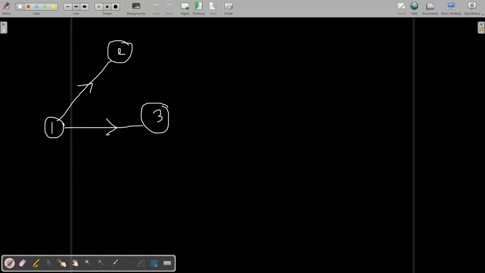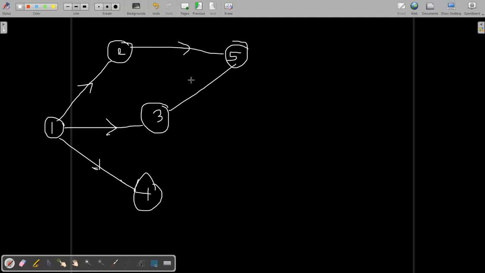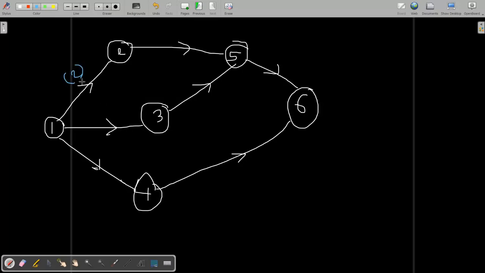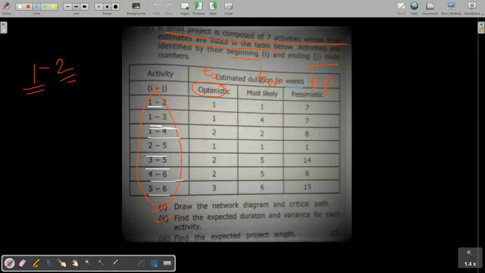And 1 to 4 is given here as well, 2 to 5 activities are also there, 3 to 5 activities are also there, and sixth is also there, and these are connected by these activities. Now the time duration for each activity is given in weeks, for example 2 weeks.